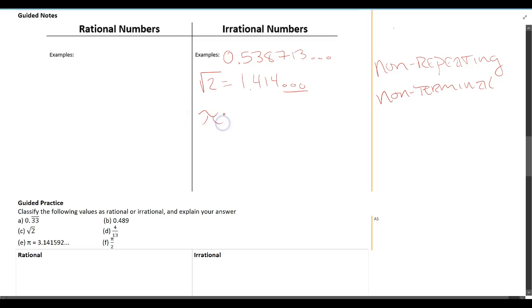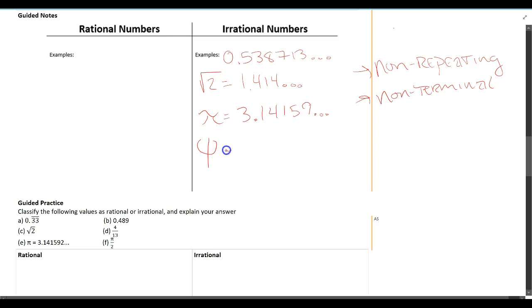Another example, pi. 3.14159... It's not going to end. It's not going to repeat. Non-terminal, non-repeating. Another example, students in my class know this one very well.